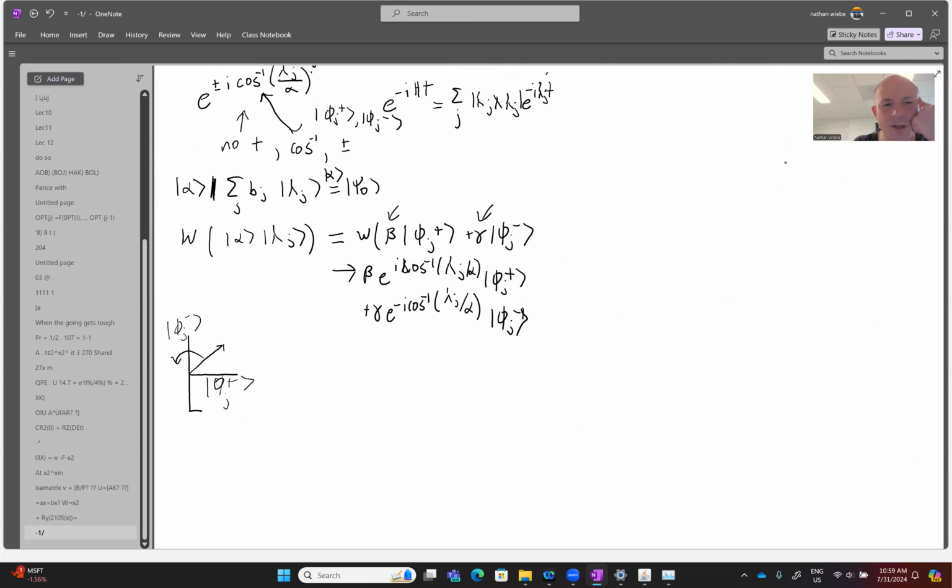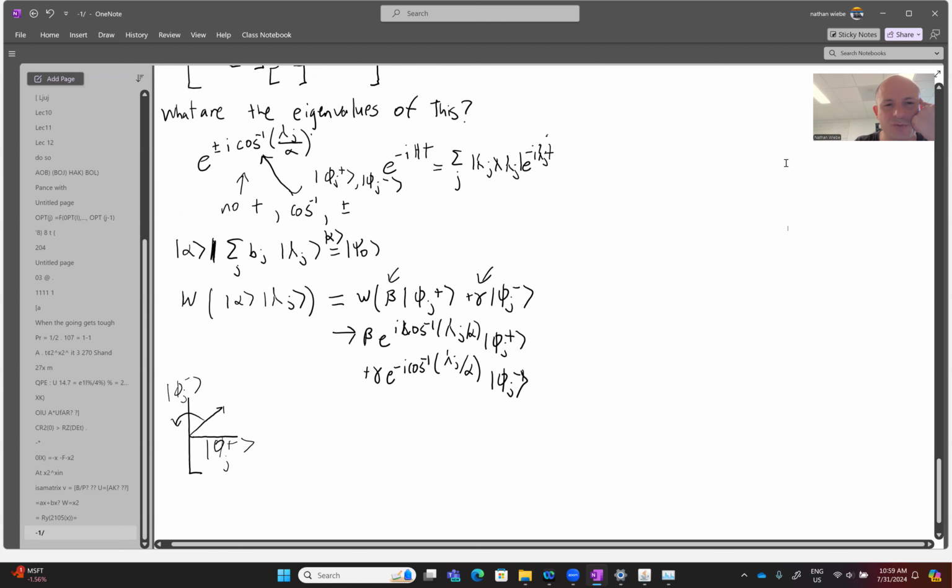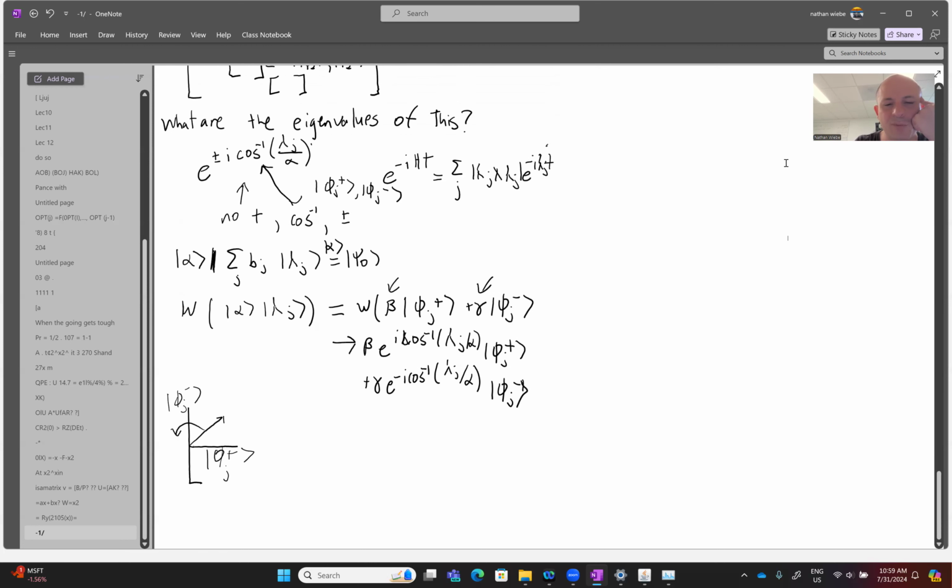What we would want is if there was no positive or negative eigenphase, then our W would evolve our state according to the correct evolution up to the arc cosine. So we'd like to not just remove the arc cosine, but also remove the plus minus sign, because it causes these two eigenvectors in the support of our initial vector to start rotating apart from each other. So how are we going to do this?